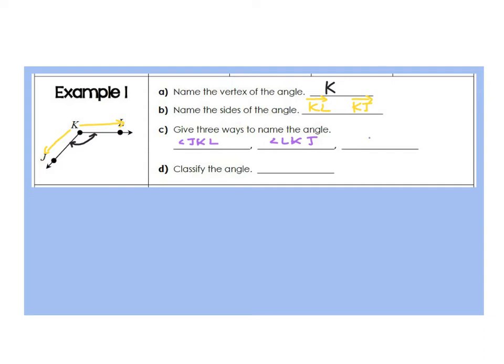And because it's only that angle, we can also name it angle K. Okay. Now the last question says classify the angle. Is it acute, obtuse, right, or straight? And I see that it's more than 90, so I'm going to say it's obtuse. Okay?